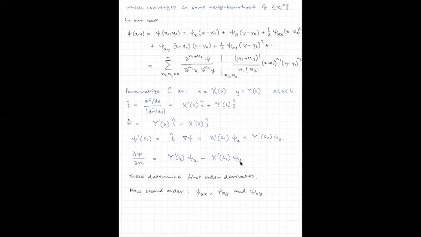Now notice that we are going to have three sources of information for this. Let's just jot them down.